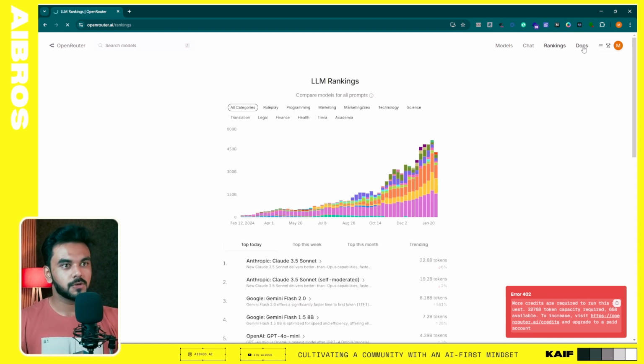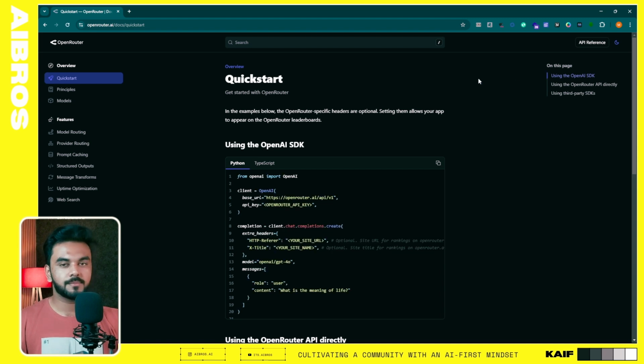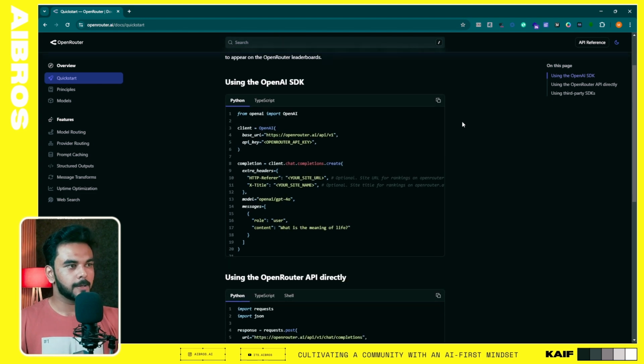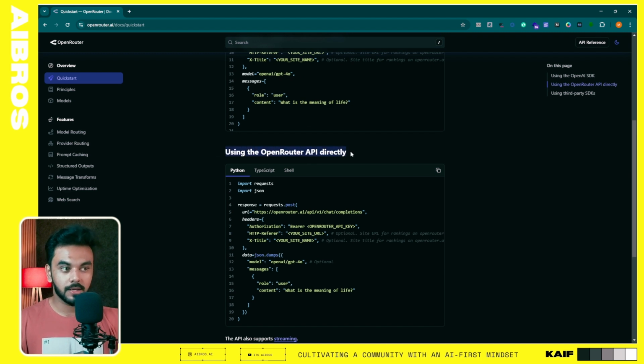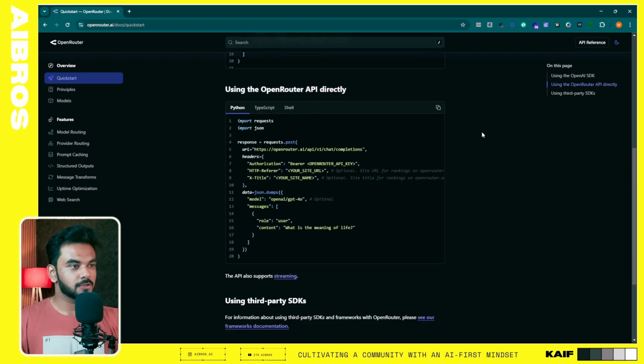Okay, so the most amazing part which I feel about OpenRouter is its API access, or the docs. It has given separate documentation of how you can access different models using OpenRouter, using the OpenAI SDK, or using the OpenRouter API directly. You have tons of code over here. You don't have to worry about this.